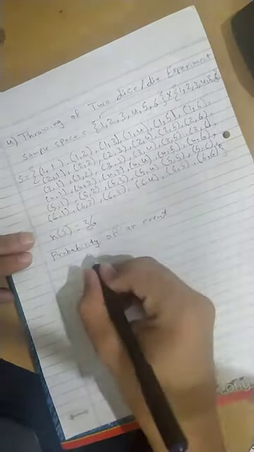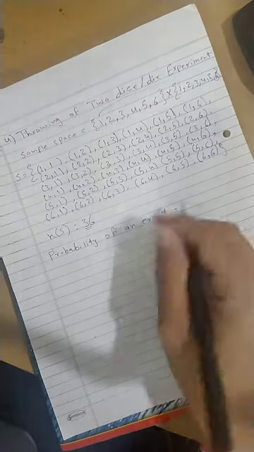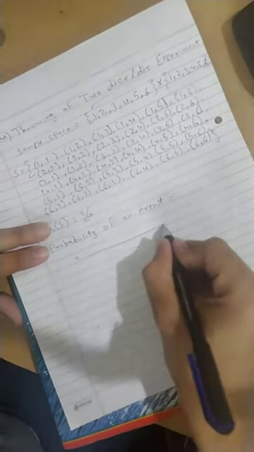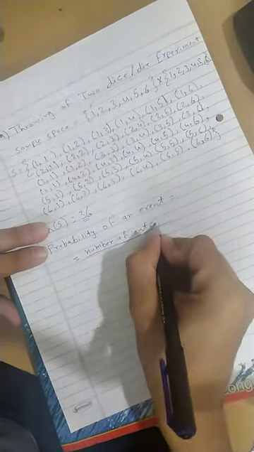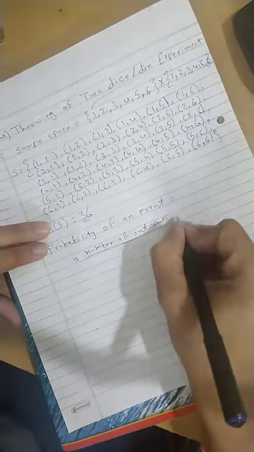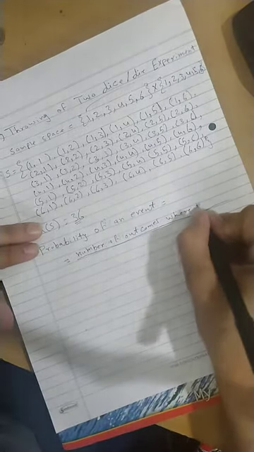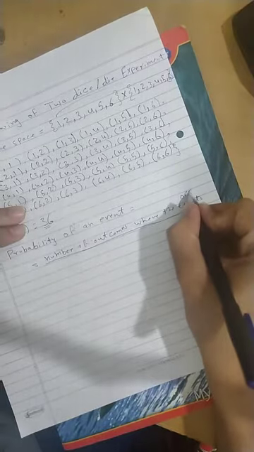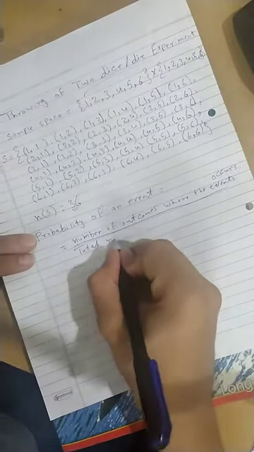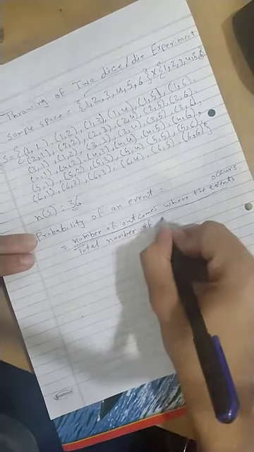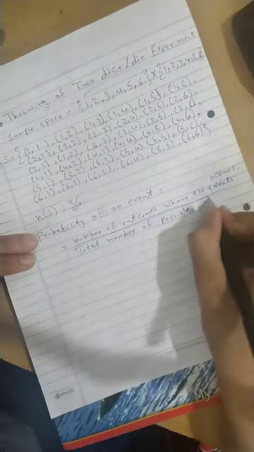I'll explain what the event means. It is equal to the number of outcomes where the event occurs, divided by the total number of possible outcomes.